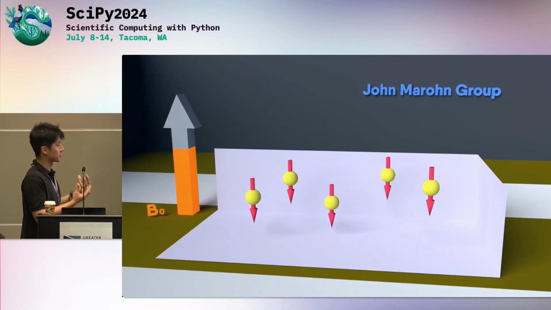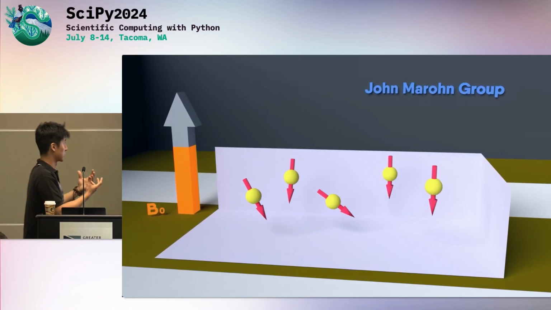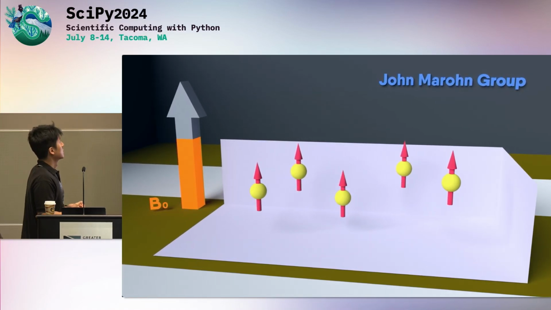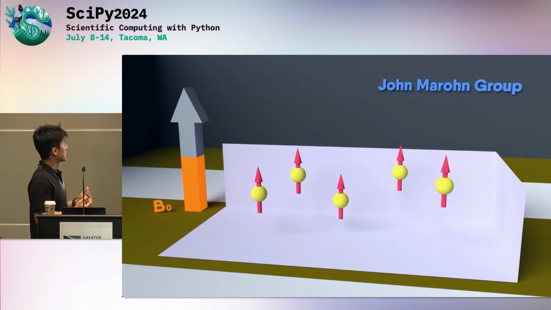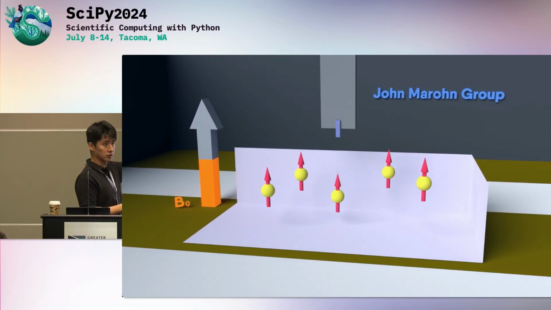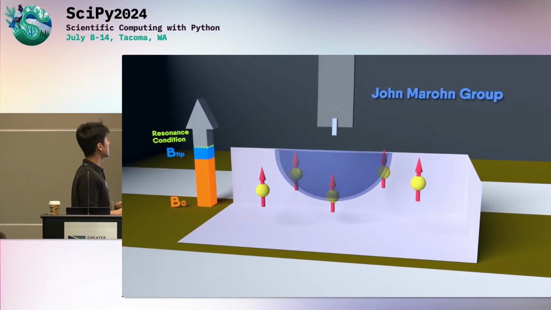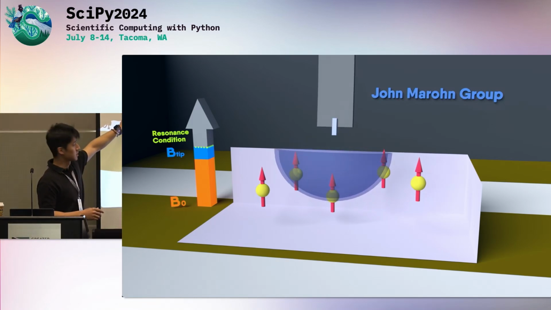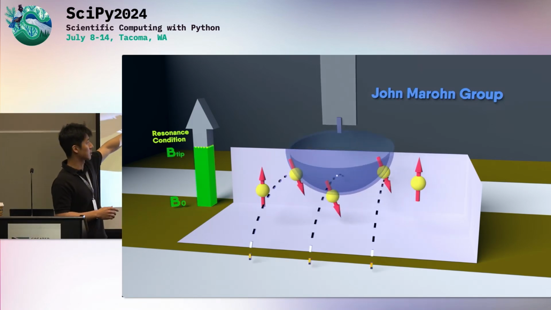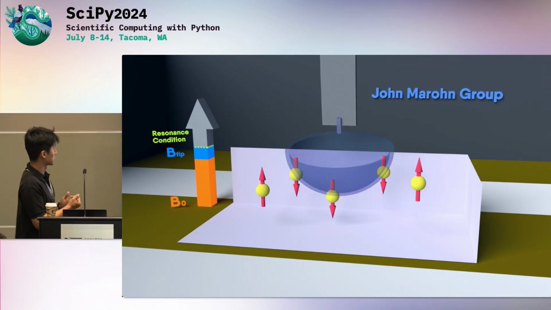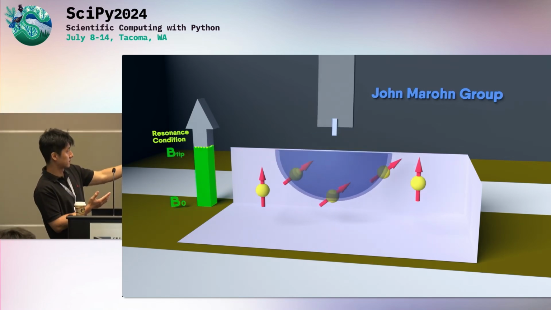So how do we isolate the particular individual spins that we want to image? This is where the tip comes in. The tip has a cantilever, which oscillates, and has a tip magnet that creates a tip field. What this means is the resonance condition now changes. Only the spins inside the actual tip field will flip.